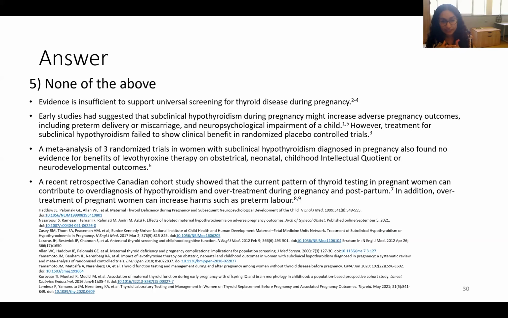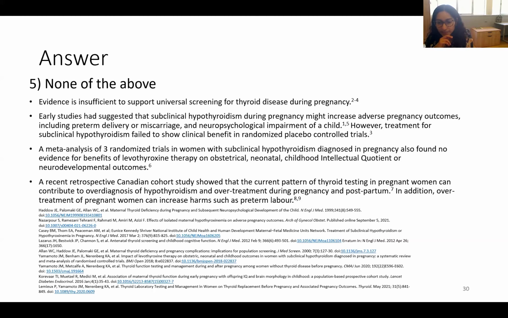In fact, more recent studies are showing that the current pattern of thyroid testing in pregnant women is contributing to overdiagnosis of hypothyroidism and overtreatment, which can lead to increased harms such as preterm labor. So universal screening for thyroid dysfunction in pregnancy doesn't really have a lot of evidence.